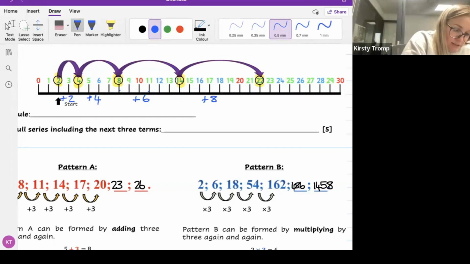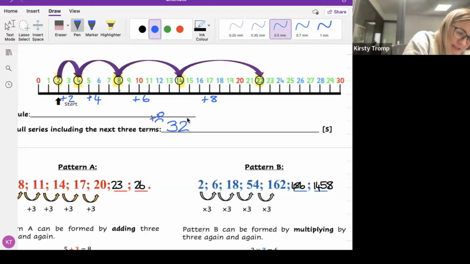So, what am I doing? 2, 4, 6, 8. All right, so what do I need to add next? Ma'am, 10. Good, I need to add 10. So if I say 22 plus 10, what do I get? I get 32, hey? Yes, ma'am. All right, so 2, 4, 6, 8, we added 10.